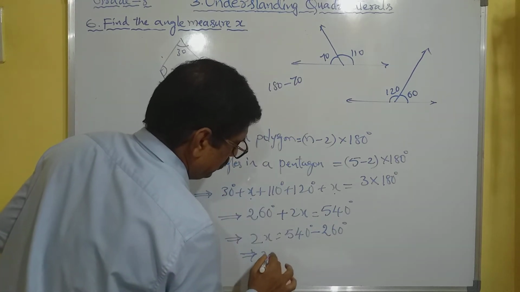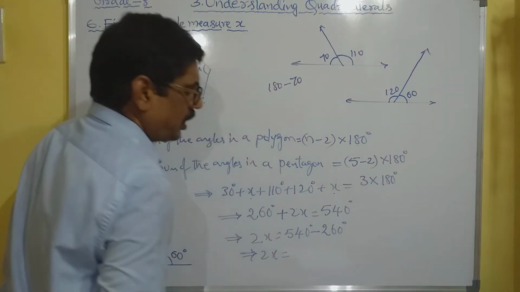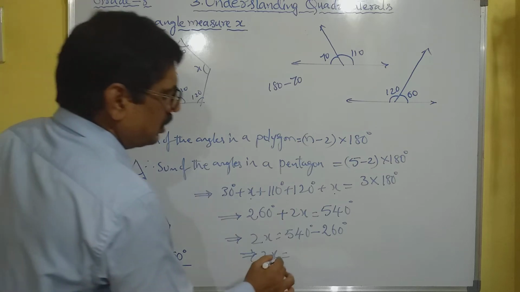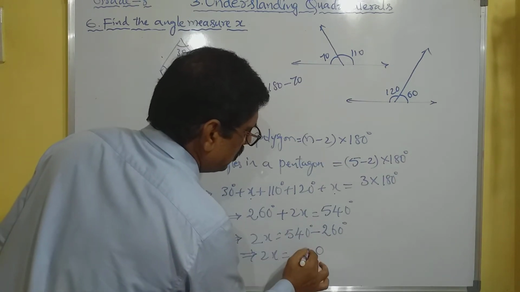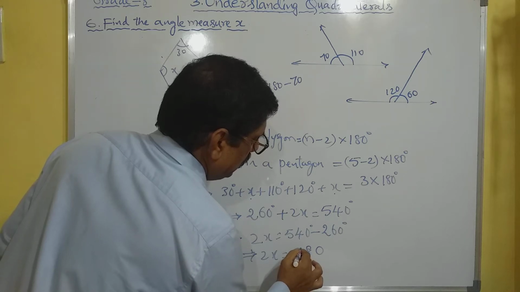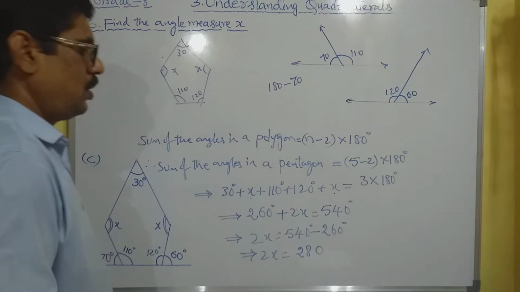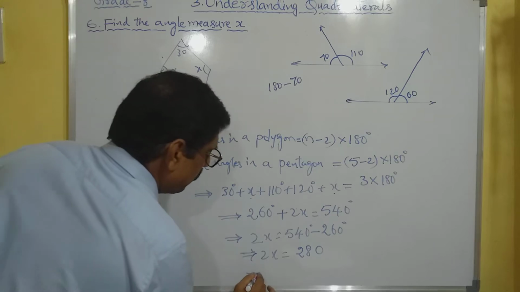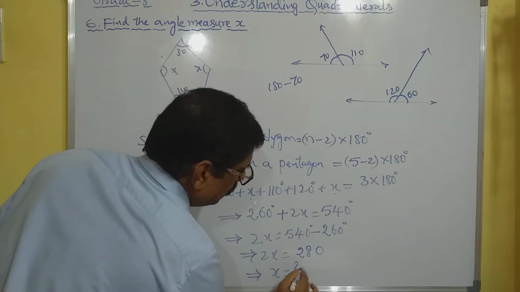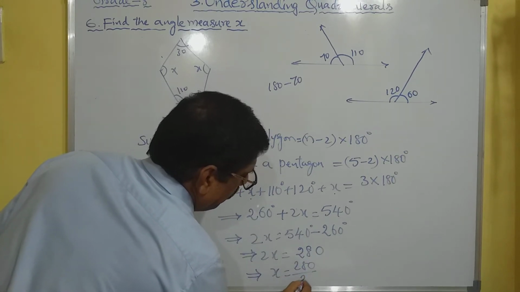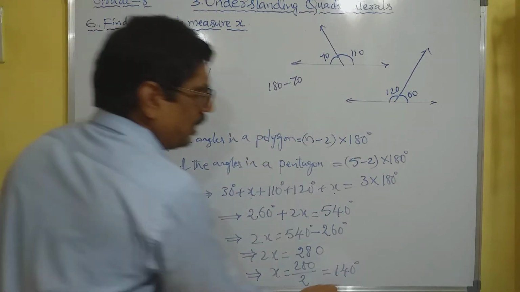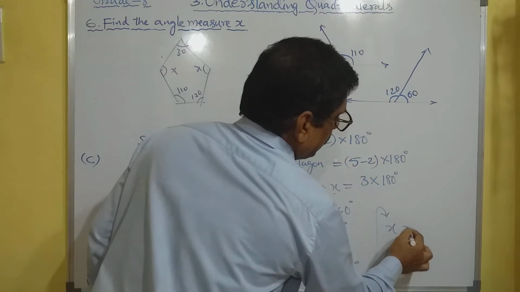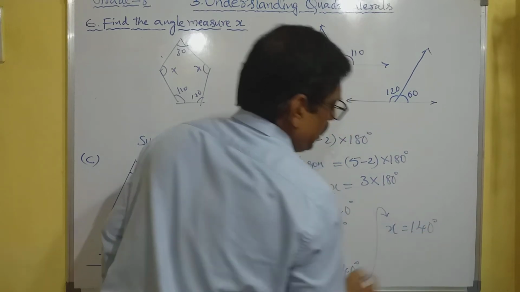This implies 2x is equal to 540 minus 260, that is equal to 280. This implies x is equal to 280 by 2. We get 140 degrees. Finally, we can say the value of x is equal to 140 degrees.